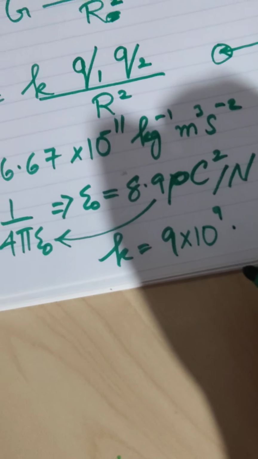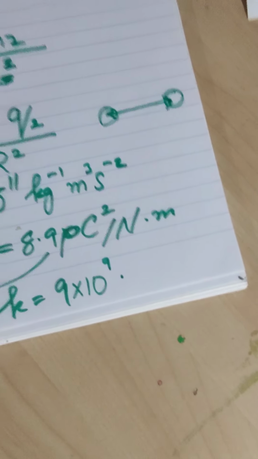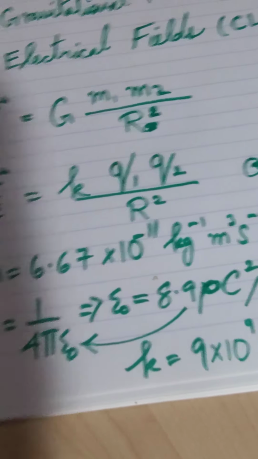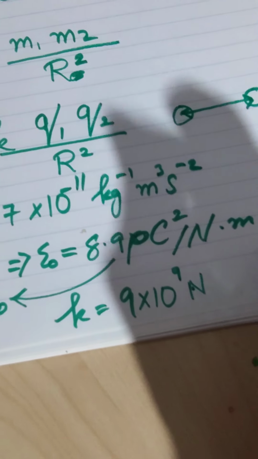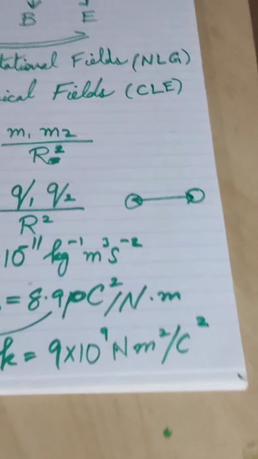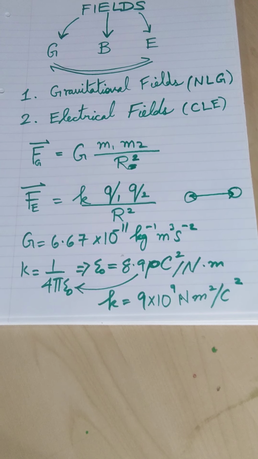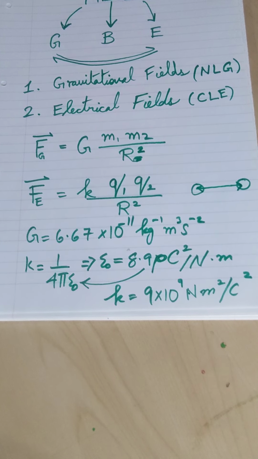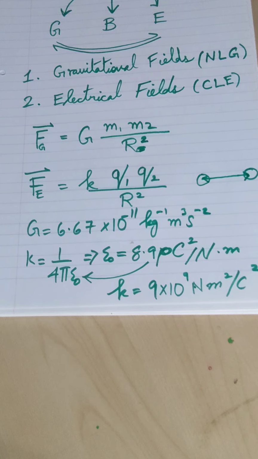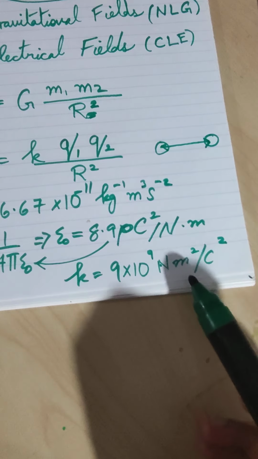Hang on. It gets a bit tricky with the units. I should have resolved the units for it as well. So according to my estimate, it was newton meter squared per coulomb squared.